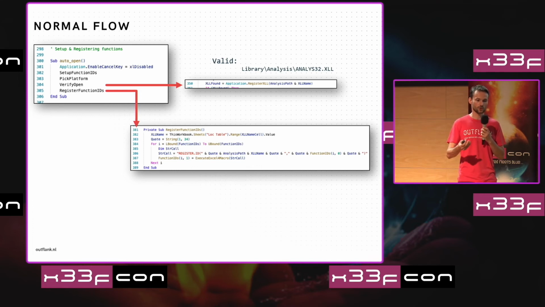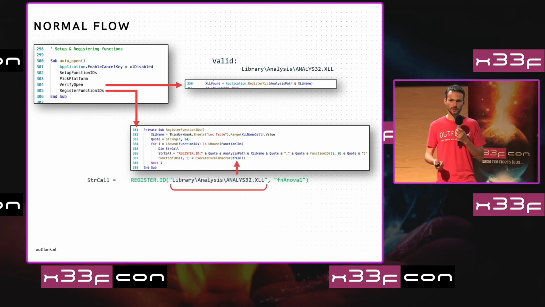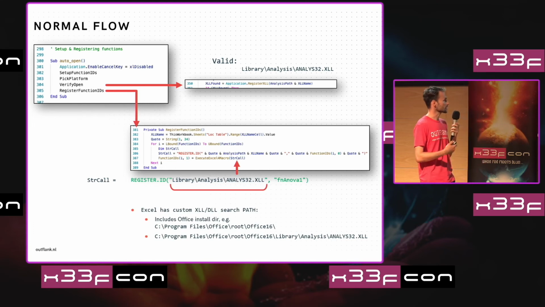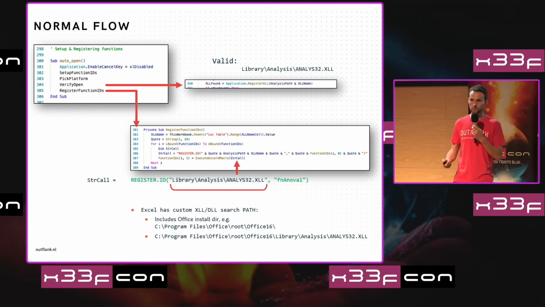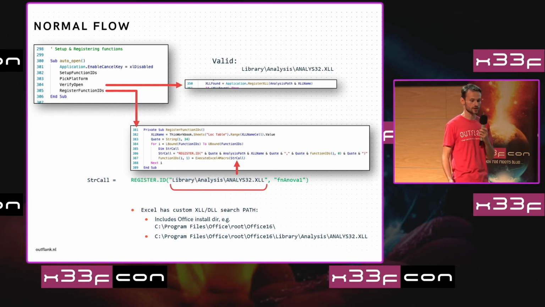So we already need to know in advance that our target has a valid XLL and where it is located. Luckily, we don't really need to, because Excel has a custom XLL and DLL search path. It also takes into account its own installation directory. And using the default values, we already know where an XLL is located: the library analysis folder. So we're going to use that.